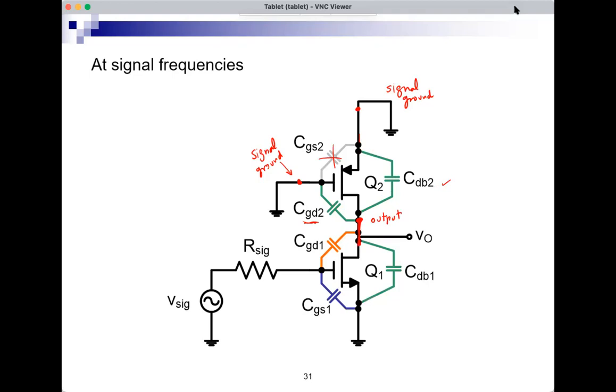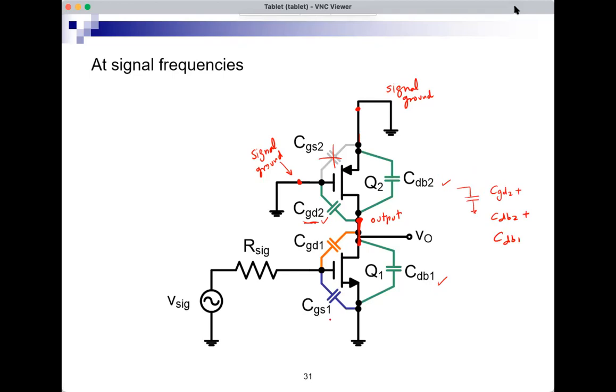So the 3 green capacitors are actually in parallel when we're doing signal analysis. CGD2, CDB2, and CDB1, they're all in parallel. And what I can do is I can replace them. Instead of showing 3 capacitors, I can show just 1 capacitor. So a C green would be CGD2 plus CDB2 plus CDB1. So now I have this instead of the 3 green capacitors.